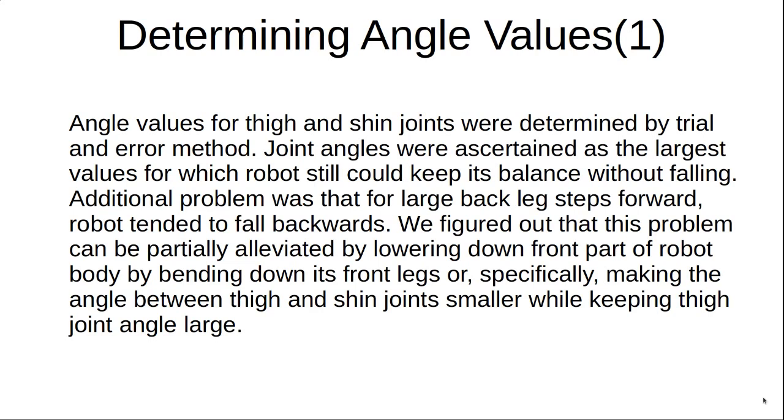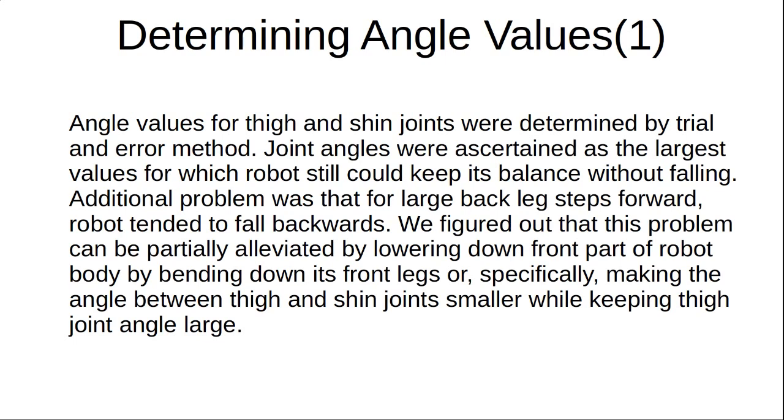Determining angle values. Angle values for thigh and shin joints were determined by trial and error method. Joint angles were ascertained as the largest values for which robot still could keep its balance without falling. An additional problem was that for large back leg steps forward, robot tended to fall backwards.